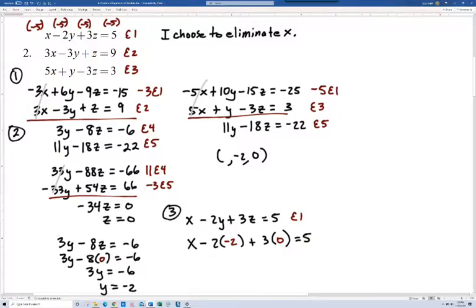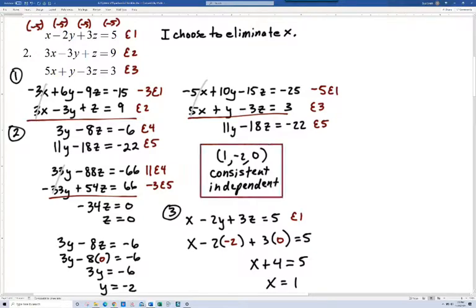So we'll get x plus 4 plus 0, or just x plus 4, is equal to 5, which means x is 1. So our solution here is the point 1, negative 2, 0, or the ordered triple. Again, this is a consistent system because we have at least one solution, and the system is also independent.